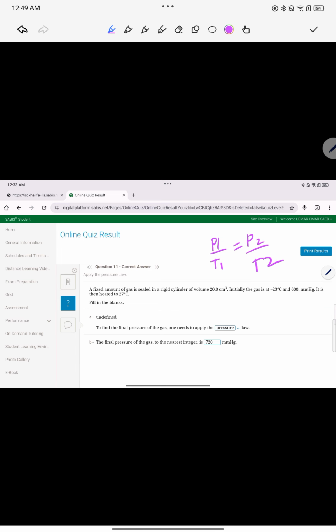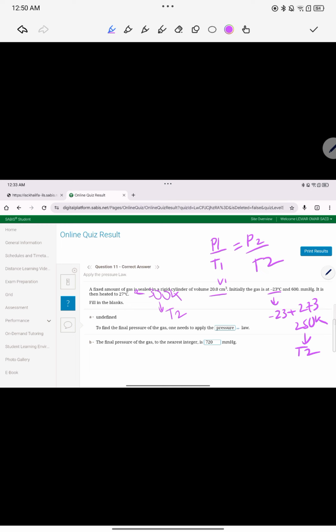This is 300K plus 273. This is volume 1. This is temperature 2. This is negative 23 plus 273, so 250K, which is basically T2.